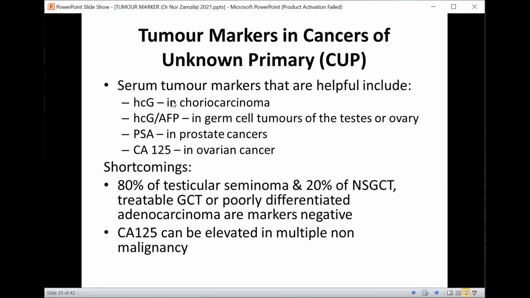However, there are shortcomings, because 80% of testicular seminoma and 20% of non-seminomatous germ cell tumors, treatable germ cell tumors or poorly differentiated adenocarcinoma, are marker negative. Even though they have this cancer, they can have negative tumor markers. CA125 can also be elevated in multiple non-malignant conditions. So even though these markers are said to be helpful, there are still shortcomings.